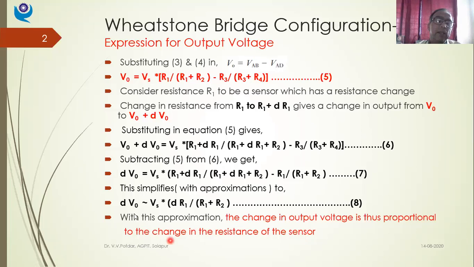This dV0 is proportional because Vs is fixed, Vs is constant, isn't it? dR1 is the varying resistance. So dV0 is proportional to change in resistance. Change in voltage is proportional to change in resistance. So this is the second part of the derivation, friends.